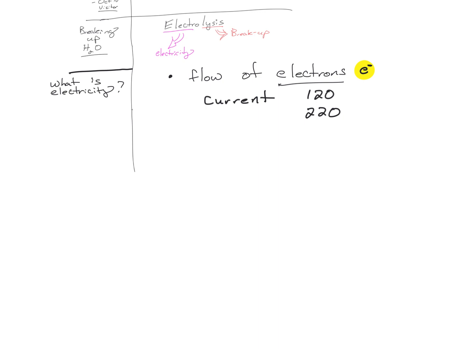If you have a washing machine in your house, it probably runs off a 220 line. Most of your outlets in the house are 120, and those giant power lines outside can run even more current, more flow of electrons. I'm not going to worry about units right now. But think of a river flowing water, but instead of water, think of electrons flowing. That's electricity. That's it.